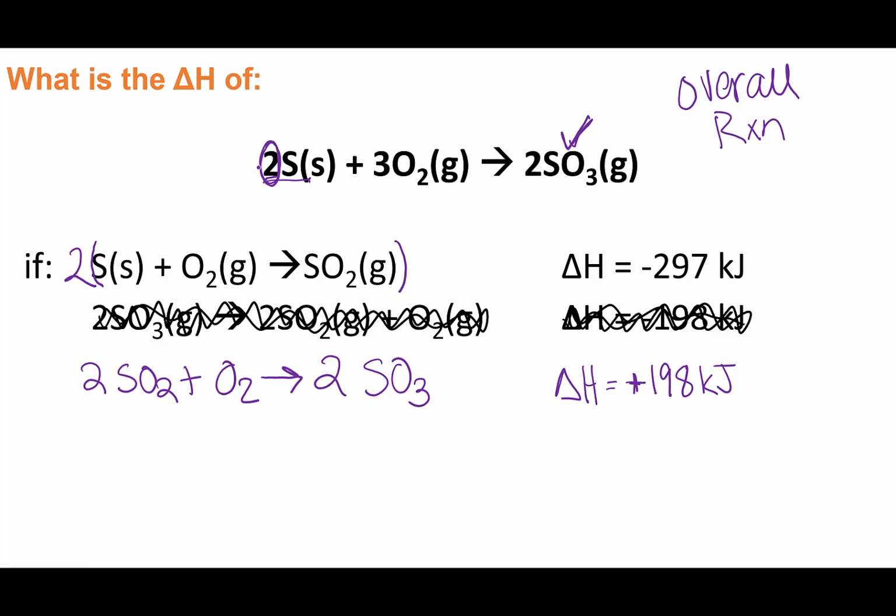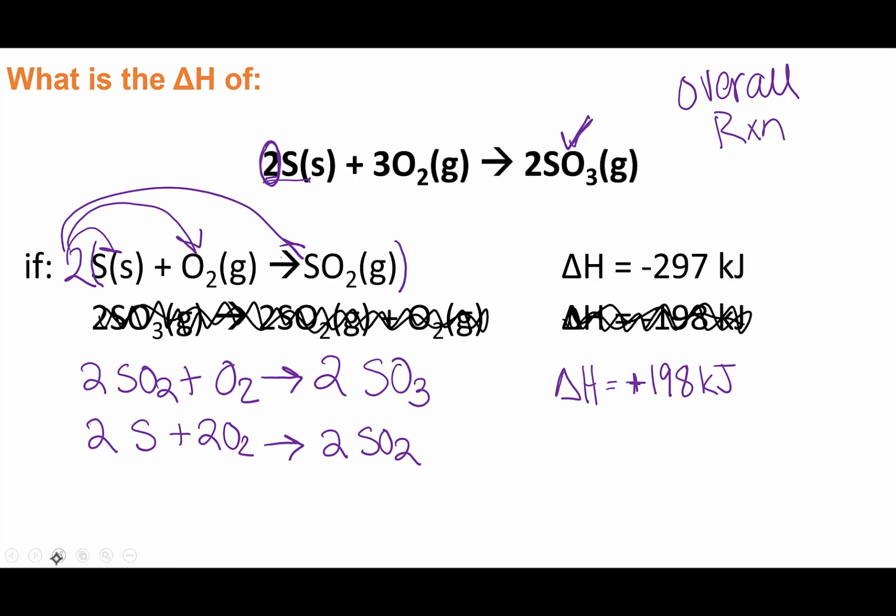So I'm going to rewrite that down here. So 2 sulfurs plus 2 oxygens are going to give me 2 sulfur dioxides. So I just distributed that 2 to each of my molecules. I don't want to look at that anymore.